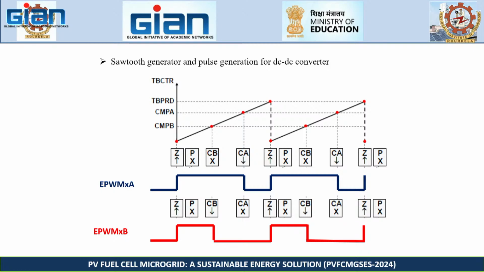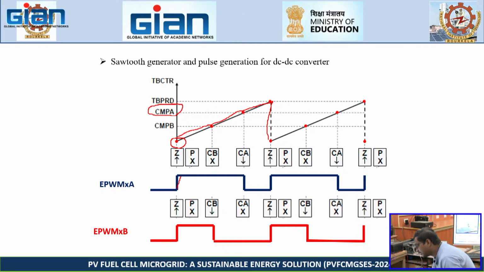See here, I have already generated a sawtooth by deciding the TB clock and TBPRD. Now at what event? Say compare A is my duty cycle. So what actions will be done when the counter is at 0? I am deciding here that when the counter is equal to 0, the output has to be set.